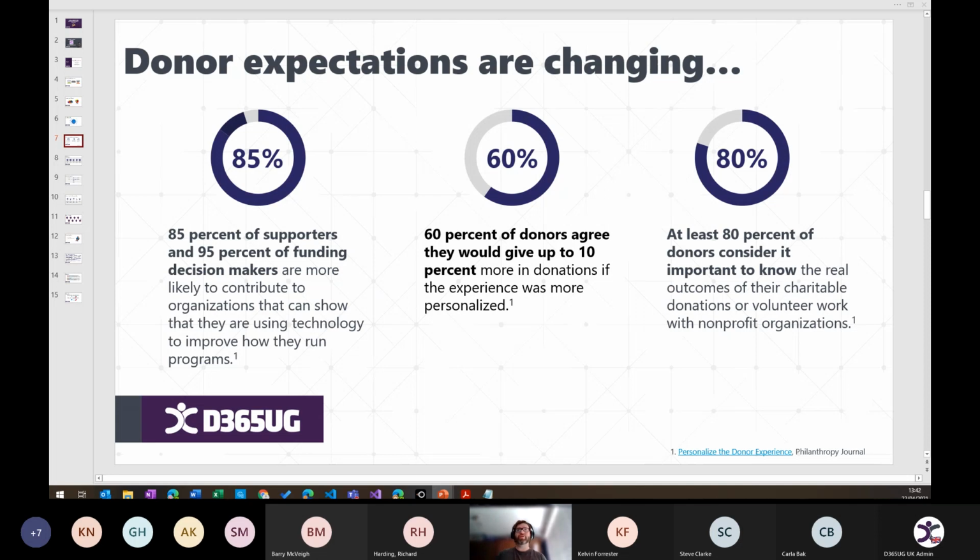I don't have to go around and hunt for a website to do it. So the demonstration of tech isn't just physical, knowing they've got great systems, it's also the way they can communicate with me and get me to actually interact and donate money with them. Donors are also more likely to give money if their experience is personalised. Again, another key one.